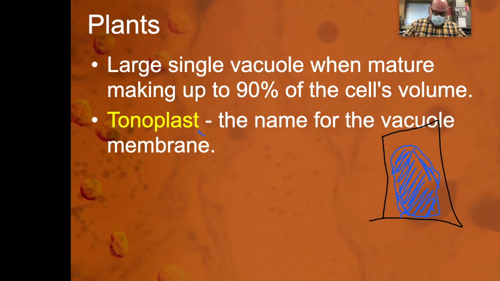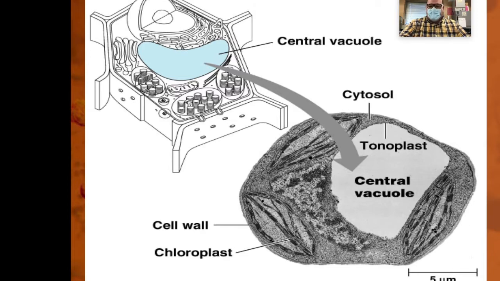So that would be like the outside layer of this. Okay, so they sometimes call this the central vacuole. It's just water, okay? So it's separating out everything else that's going on inside the cell as this water storage area.